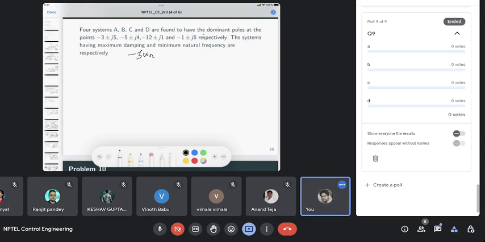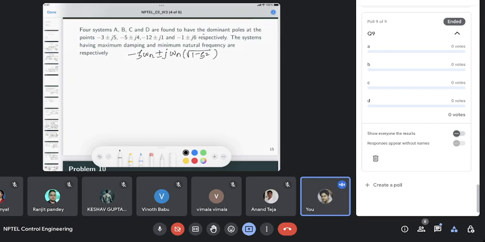So this is omega d, or omega n into square root of 1 minus eta square. This is the location of your poles, right? Because we have been given dominant poles, you can think of it as a second order system with complex conjugate poles.